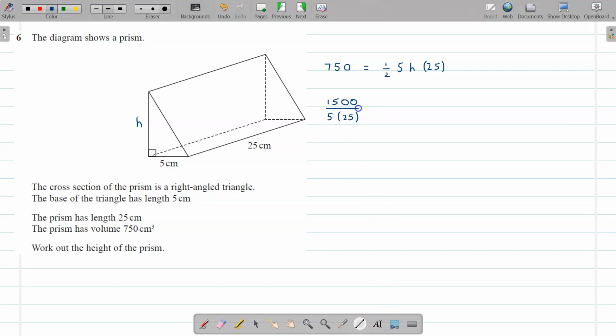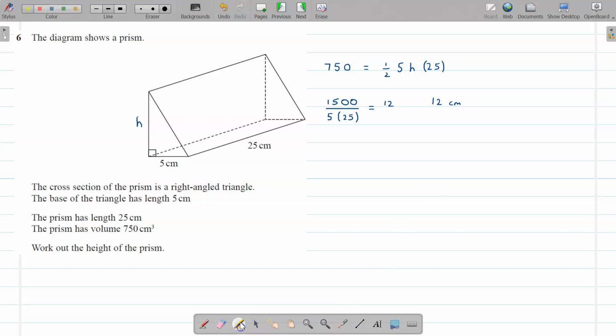Okay, so let's put that in. Well, 1,500 divided by 125, that's going to be 12. So the height of the prism is 12 centimeters.